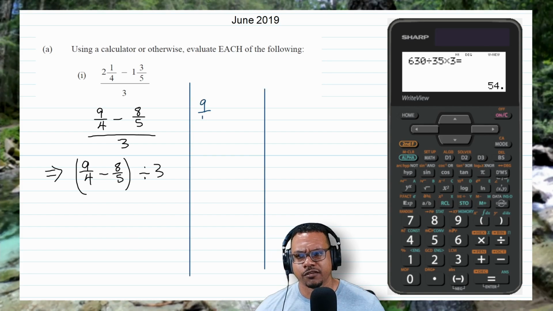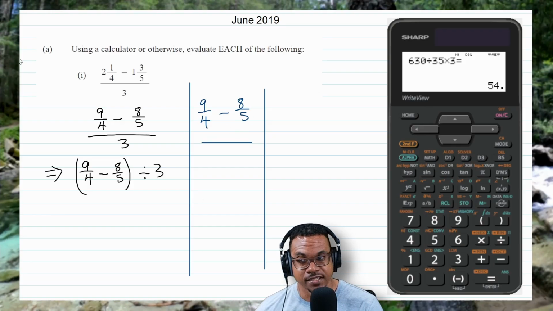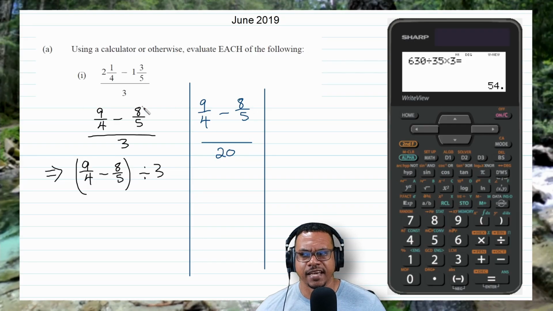So I have 9 over 4 take away 8 over 5. The LCM between 4 and 5, well, I'll just multiply 4 by 5 and get 20. So that'll be the lowest number that both 4 and 5 can go into. So I have 20. And I'll say, okay, 4 into 20 is 5. 5 by 9 is 45. Take away, and I'll say 5 into 20, 4 times 8 is 32.